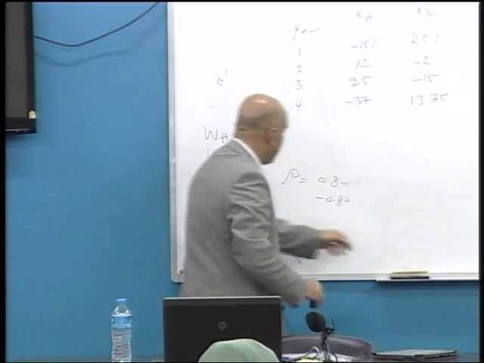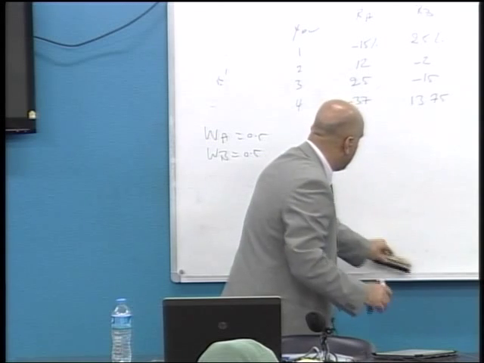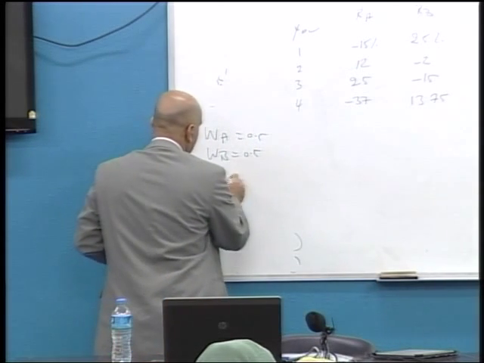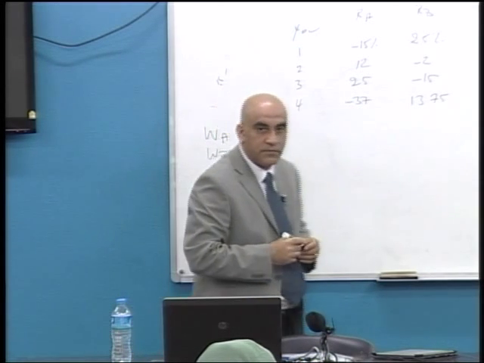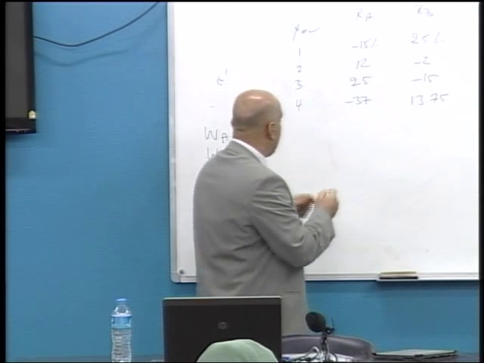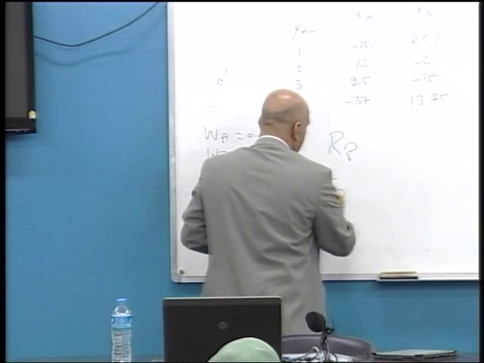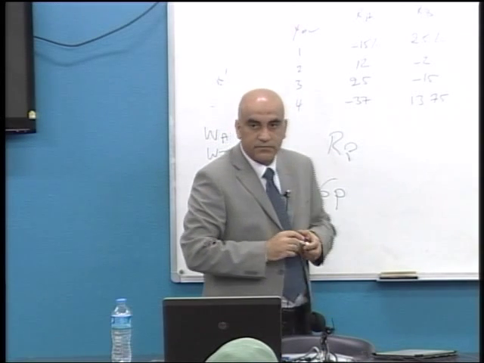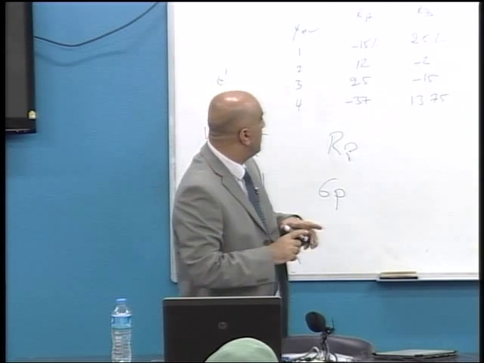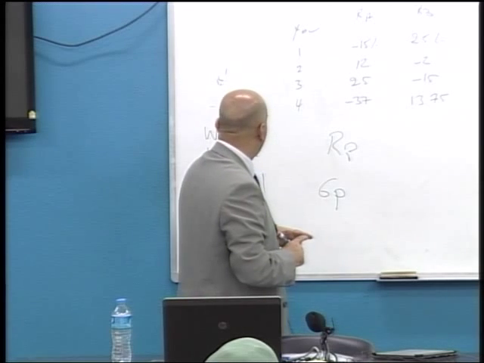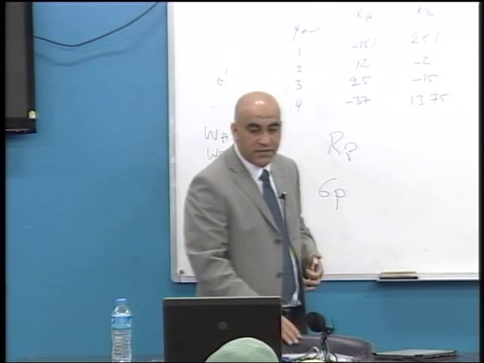Now, considering that the rho is -1, what is the return of B and what is the sigma of B? The return of B, the return of the portfolio, and the sigma of the portfolio.